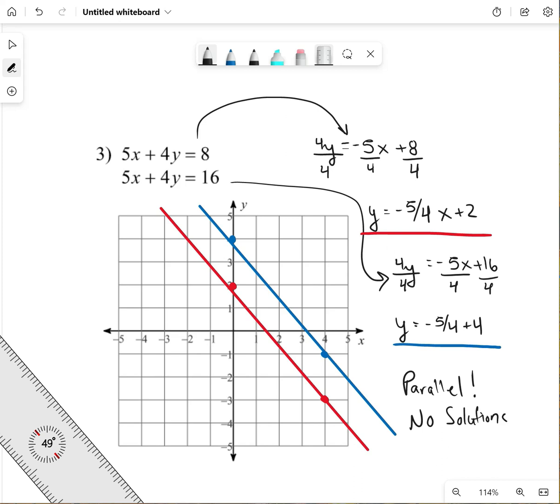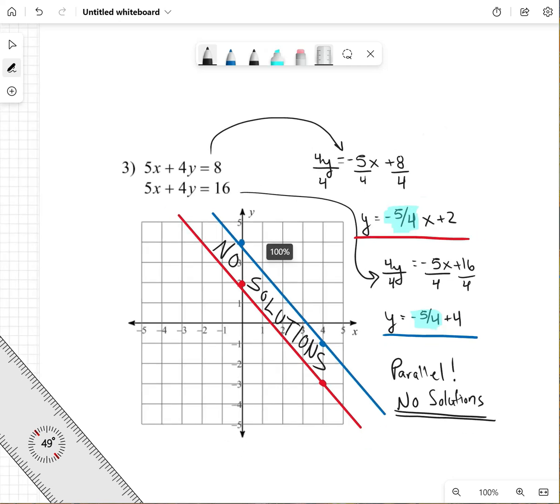So those lines are never going to touch. No solutions. I like to write that in between here to kind of help you remember that. No solutions. That's going to always happen if you have the same slope. So notice, same slope, but different y-intercepts. So same slope, different y-intercepts are no solutions.